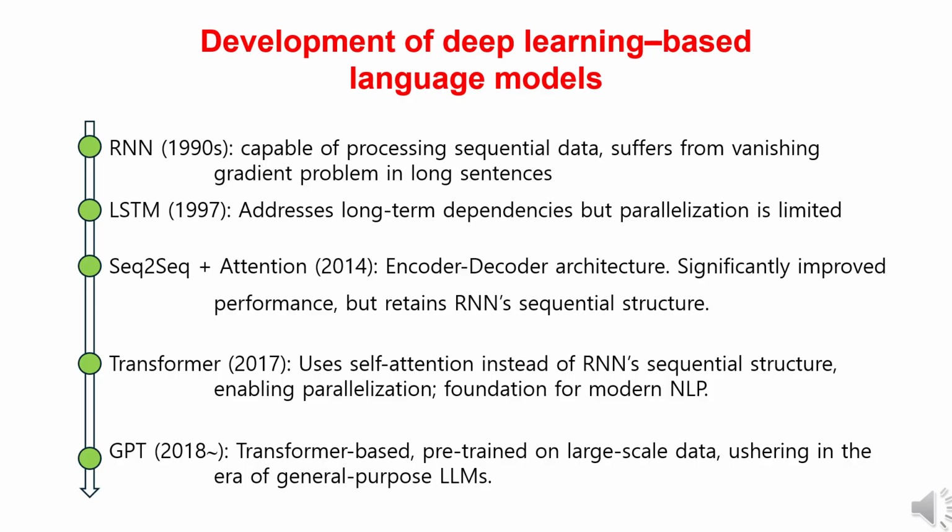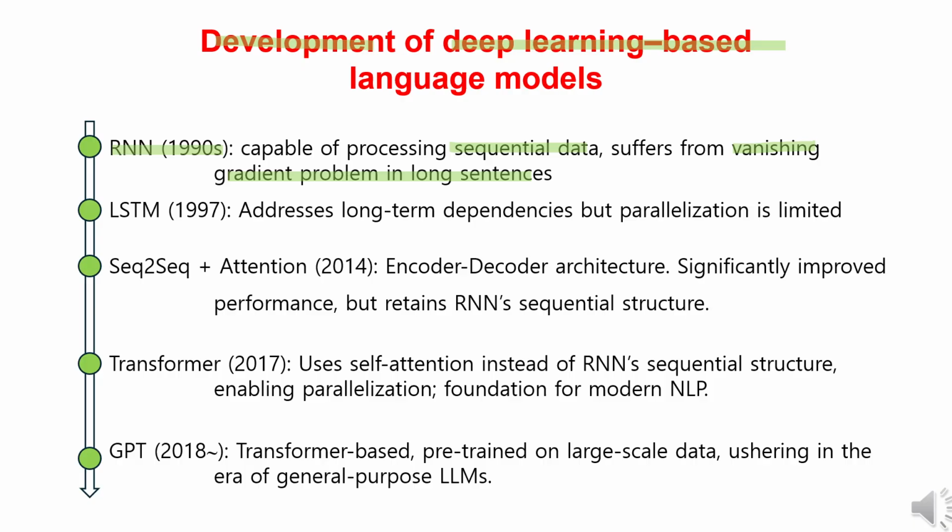Now, let's briefly look at how deep learning-based language models have evolved over time. RNNs, introduced in the 1990s, made it possible to process sequential data, but they suffered from the vanishing gradient problem when dealing with long sentences.